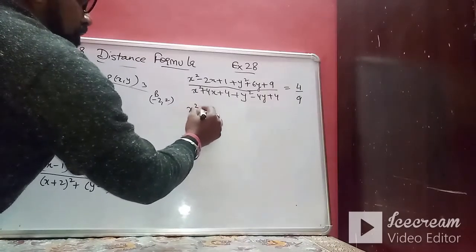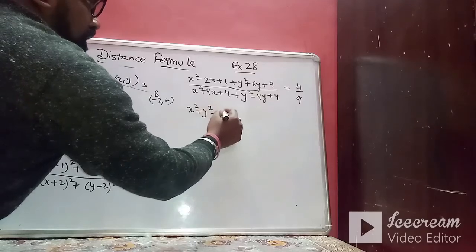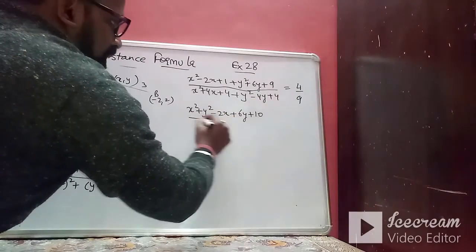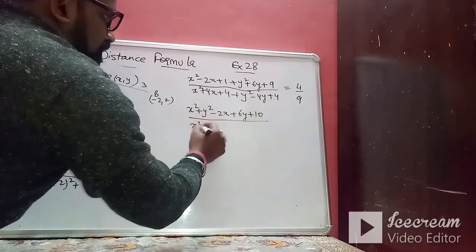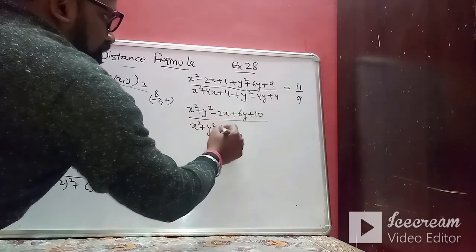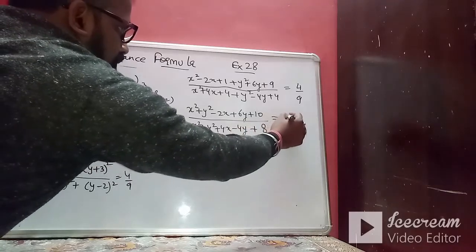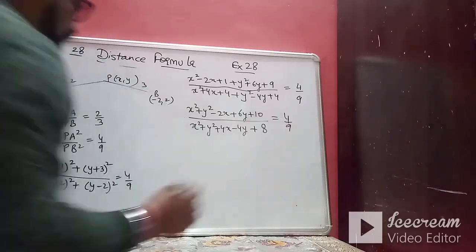So it is x square plus y square minus 2x plus 6y plus 10, and here it will be x square plus y square plus 4x minus 4y plus 8, equal to 4 upon 9.